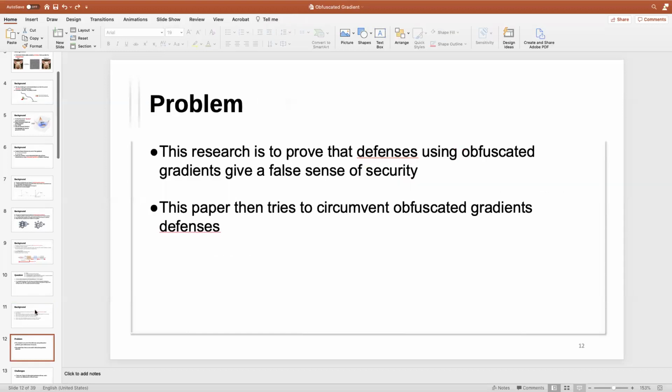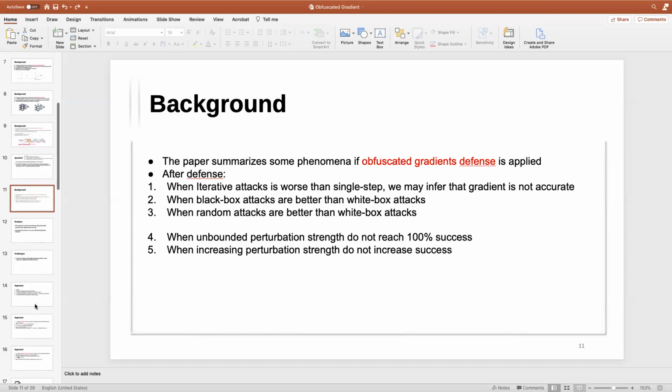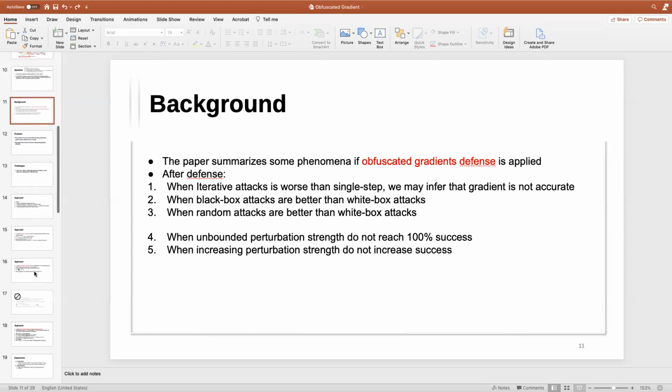So this is more like the behavioral observations when we look into such phenomena, and we can infer the obfuscated gradients. So think about whether we can apply some static analysis for obfuscated gradients.